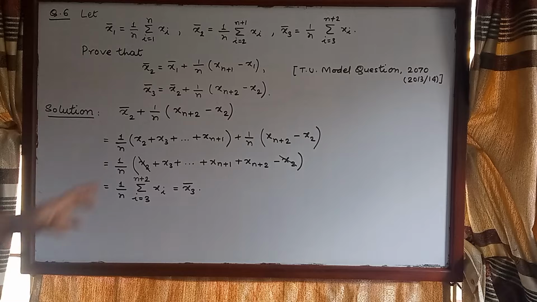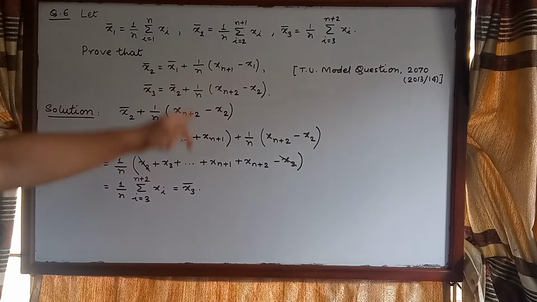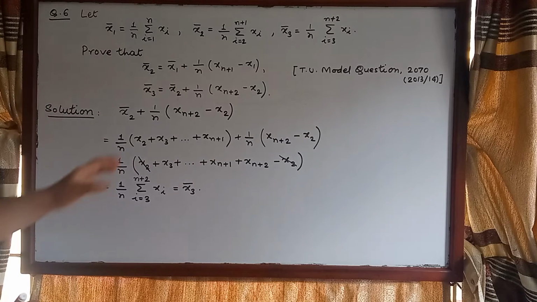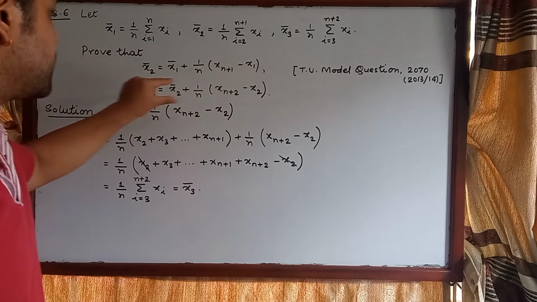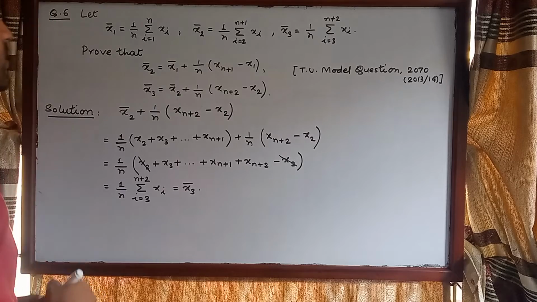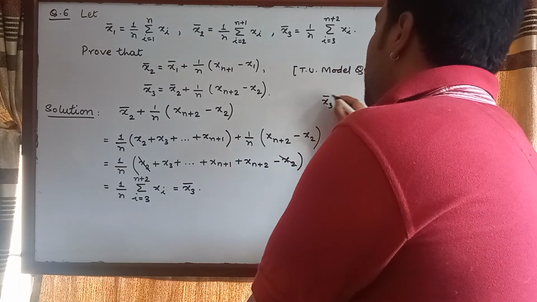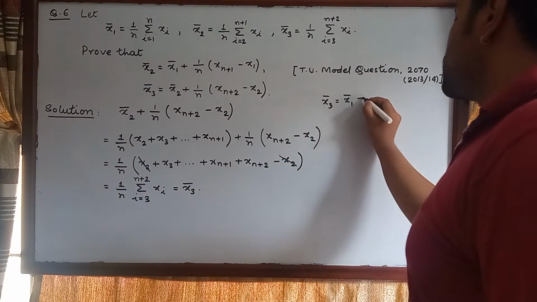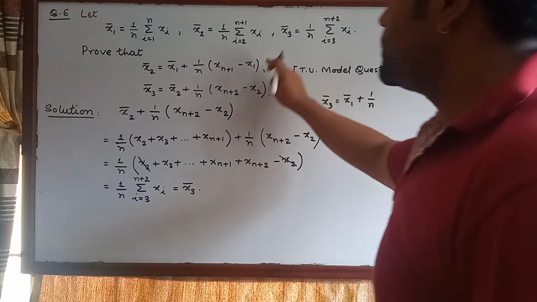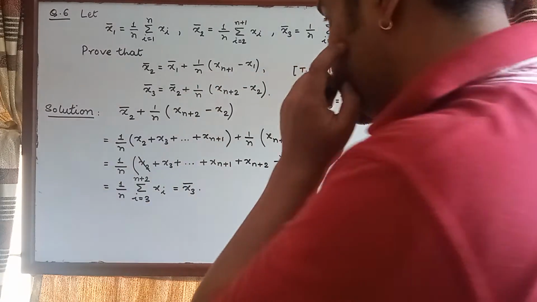And I guess we can express x3 in terms of x1 as well by taking x2 equal to this thing over here, which means we can also write x3 bar is equal to x1 bar plus 1 over n is a common factor in both of these terms.